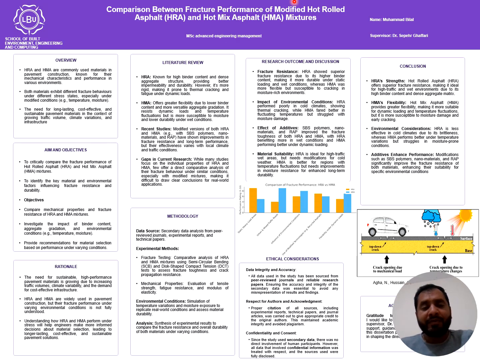Third, we evaluate mechanical properties such as tensile strength, fatigue resistance, and elasticity. Finally, we tested environmental conditions like temperature changes and moisture to check material durability. All results were analyzed to compare the fracture resistance and overall durability of HRA versus HMA.